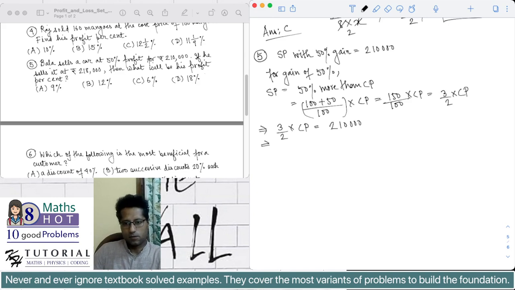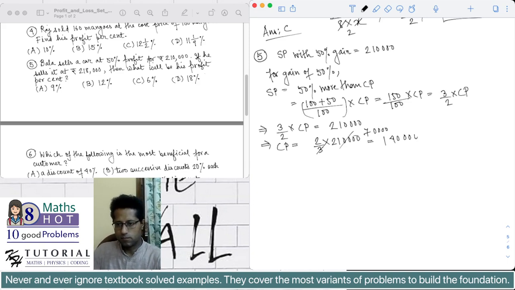This implies CP is equal to 2 by 3 multiplied by 2,10,000, which is 1,40,000. So the cost price of the car is 1,40,000.